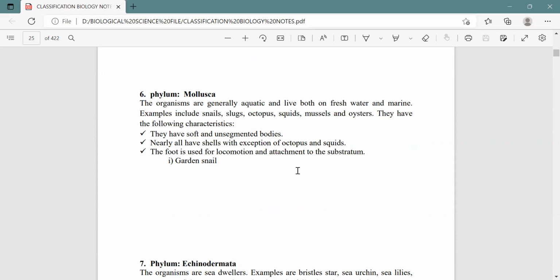You can Google and look for the appearance of these, the snails, like the garden snail. You will see it in its shell, and you know it. Those are called mollusks, phylum Mollusca. They are soft-bodied, but their bodies are not segmented.